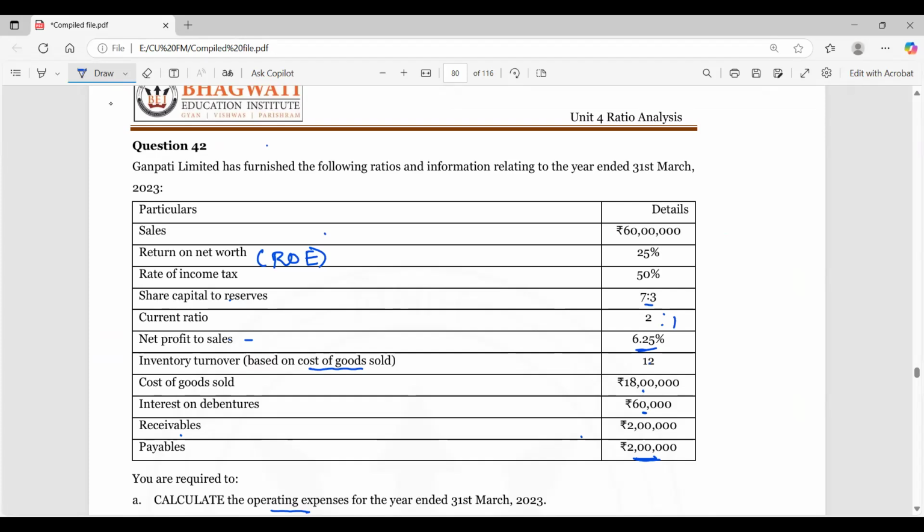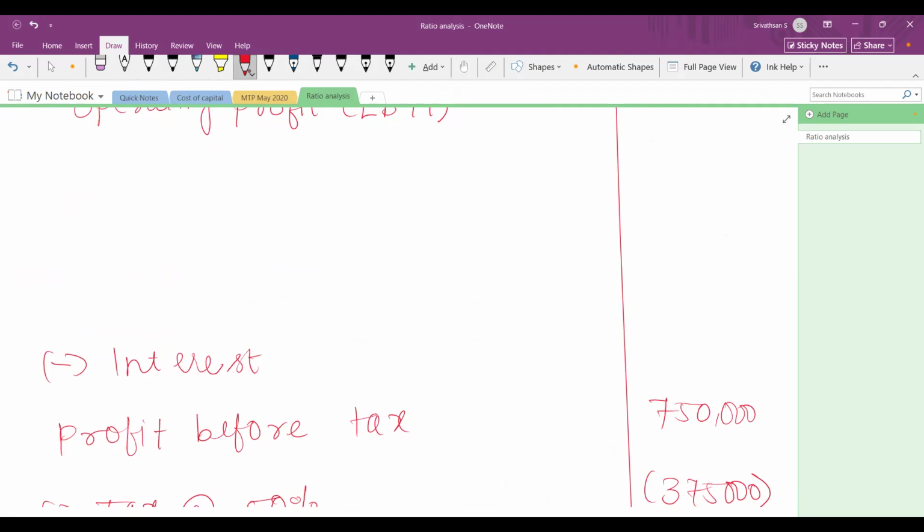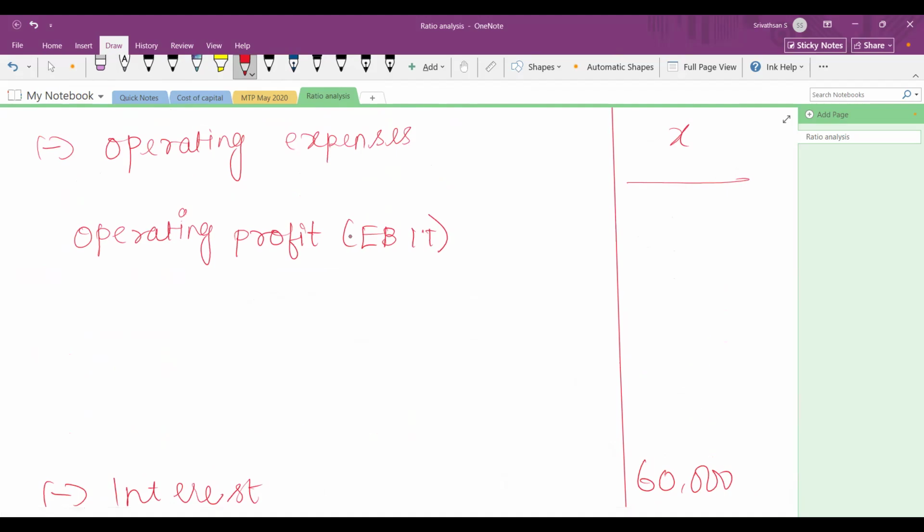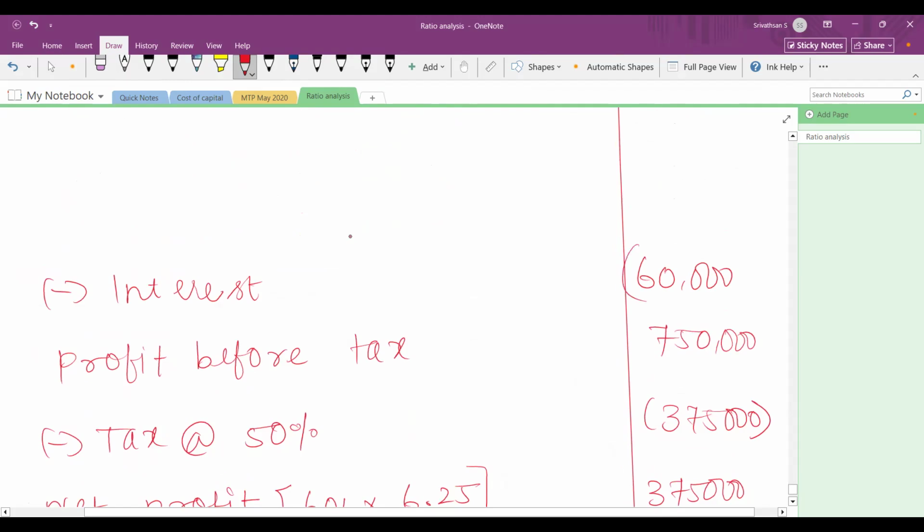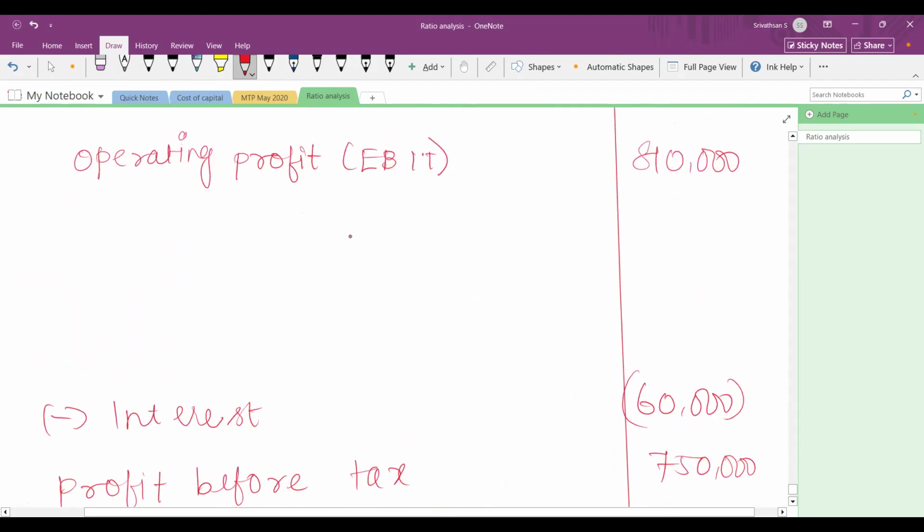Listen, in this question, it is mentioned interest on debenture is 60,000. So if we add 7 lakh 50 plus 60,000, what do we get? EBIT, which is 8 lakh 10,000. Is this clear? Any doubt? Did you all understand this point?